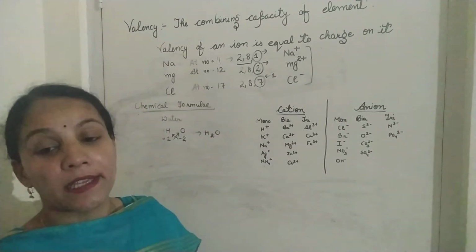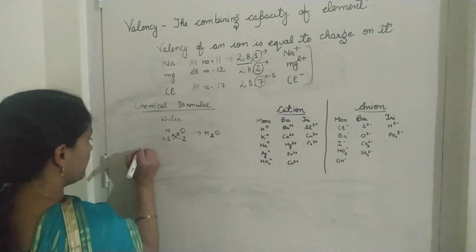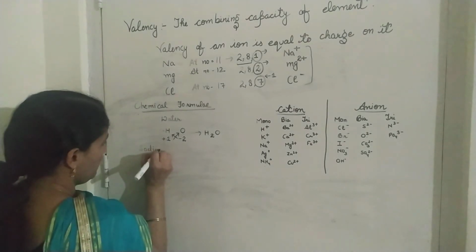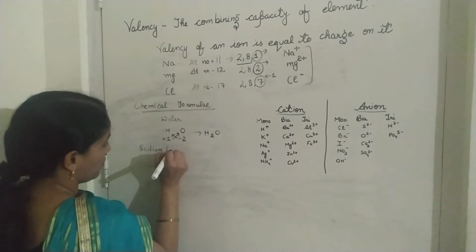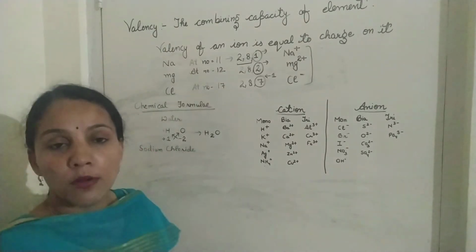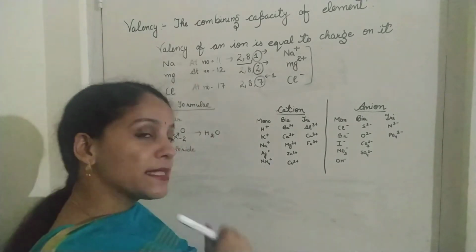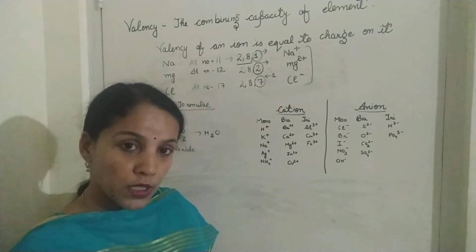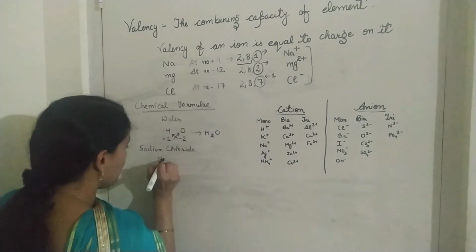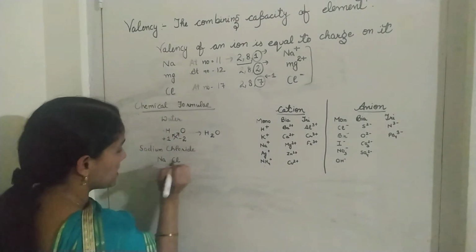Now next we are taking the example of sodium chloride. Again, just remind in your mind which two elements are present here. One is sodium and second is chlorine. So for sodium it is Na and for chlorine it is Cl.